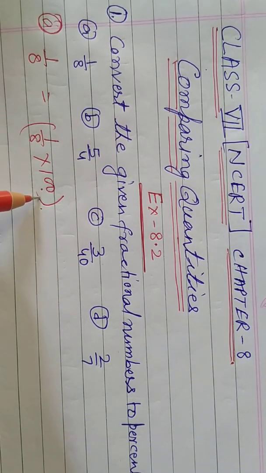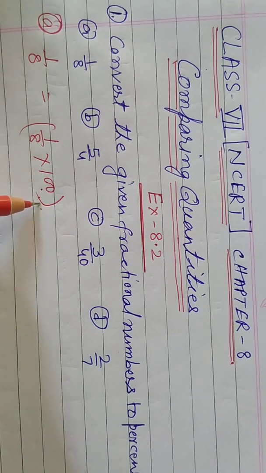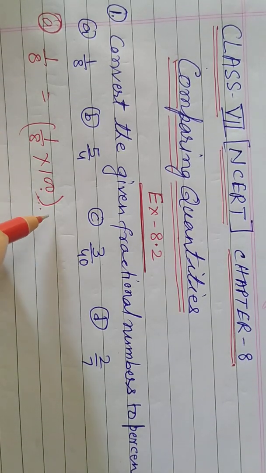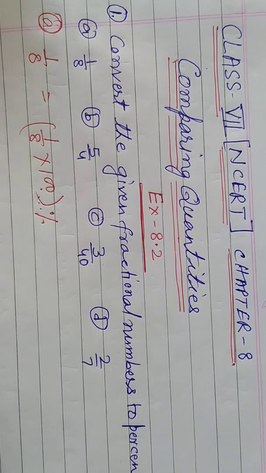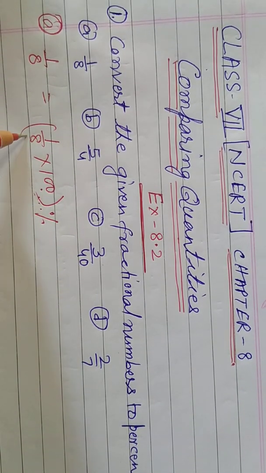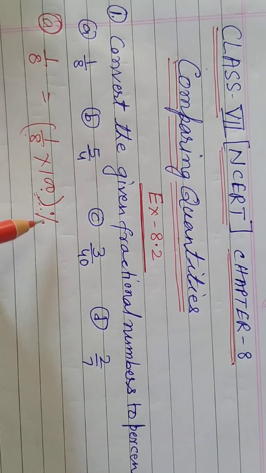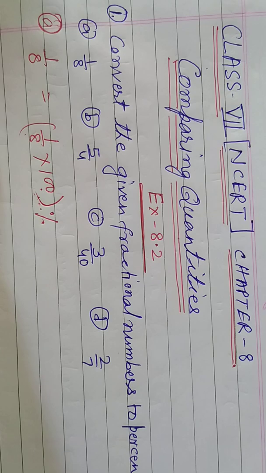Last class I also explained, to convert into percent we multiply by 100 and put a multiply sign. So we do the same, 1 by 8 into 100, close the bracket and then put a percent sign.